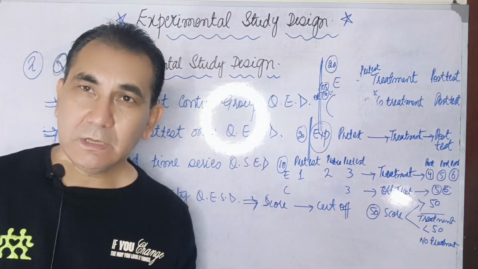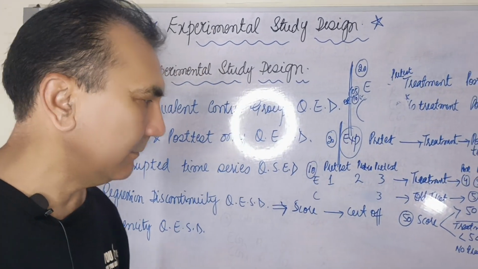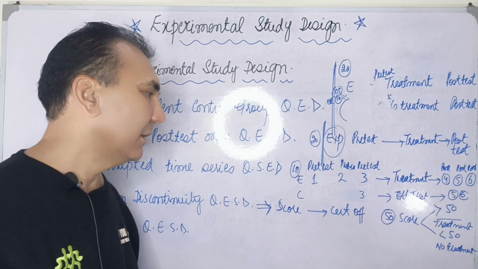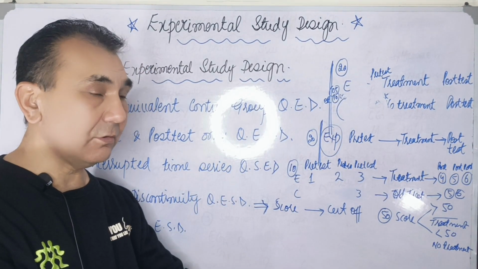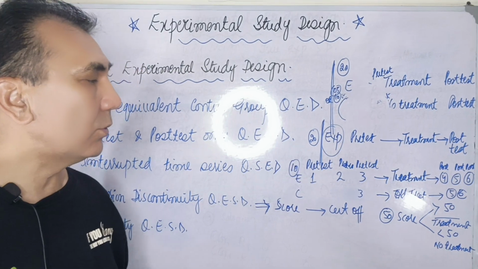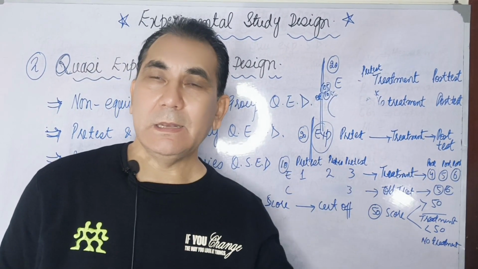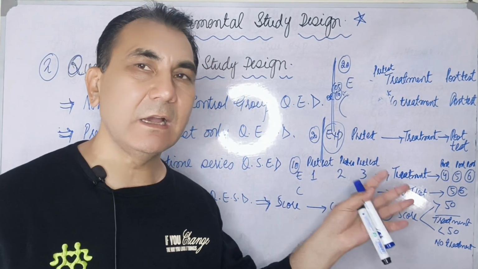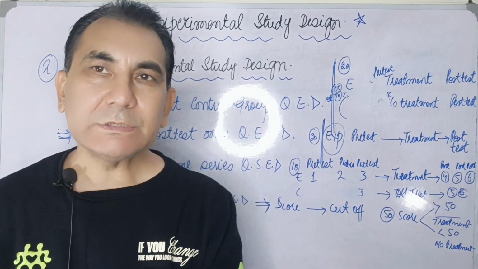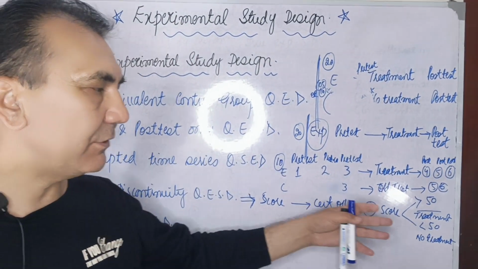Means he took the test or the score, whatever, for whatever the subject, he met the cutoff values, the cutoff value of the 50 score. Those who take more than 50 score will be eligible for the intervention for this experimental study design, and those who do not reach the 50 score will not be eligible for the treatment.